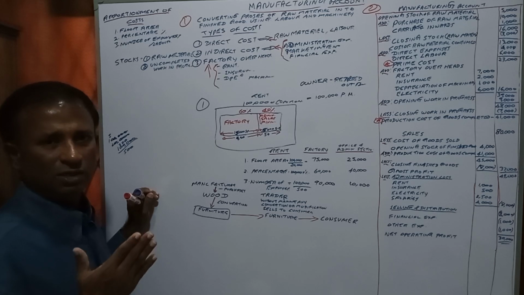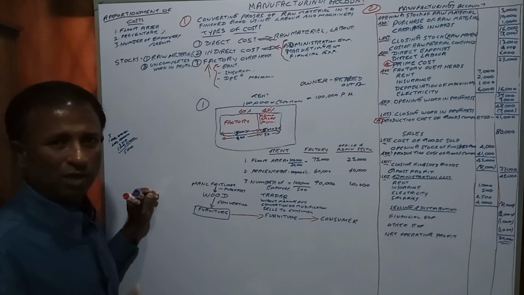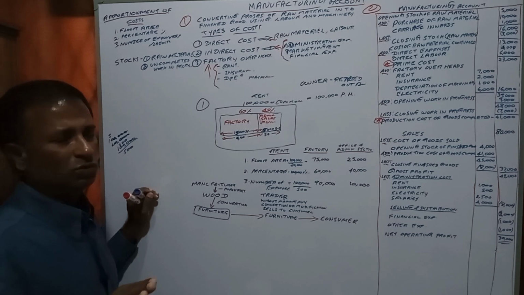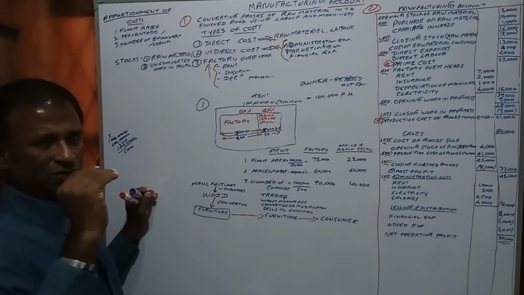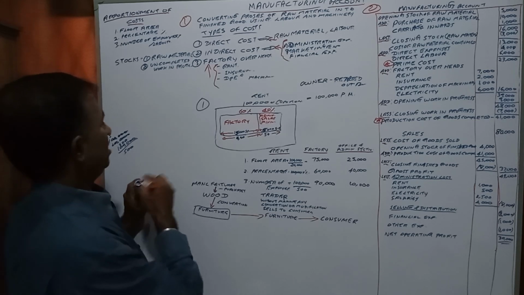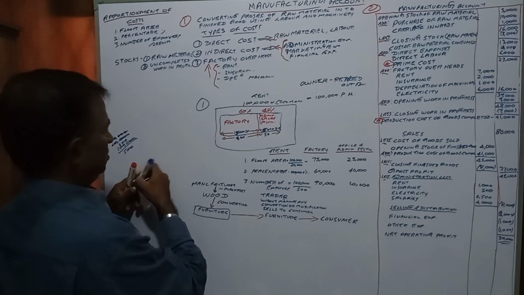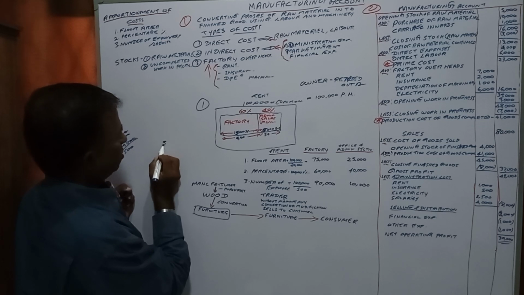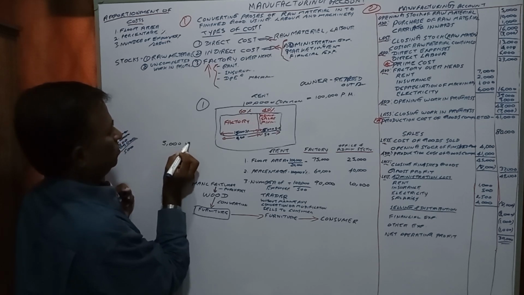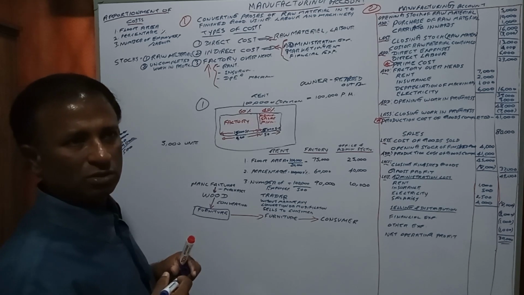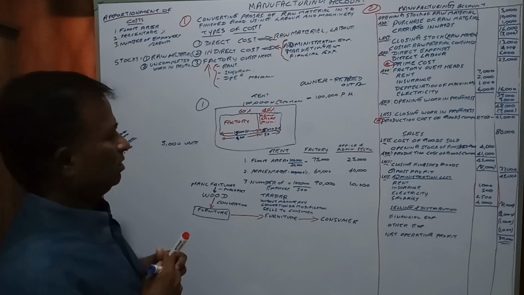At the end of the financial year, you won't stop the production because you have to carry on your business. So at the end of 31st of 3rd 2024, you may be involved in production. For example, you would have planned to produce 5,000 units of certain products.